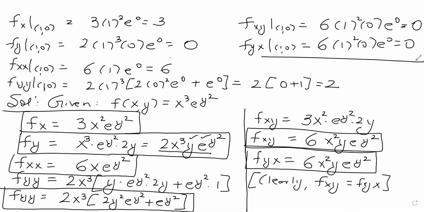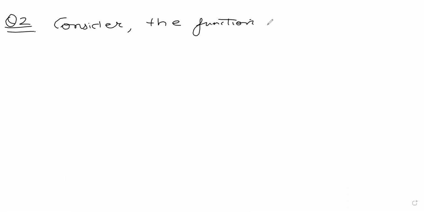Okay, and now let's look at one more question and then we stop. Question 2. Consider the function x equal to a p to the power minus 1.5 r to the power 2.08.